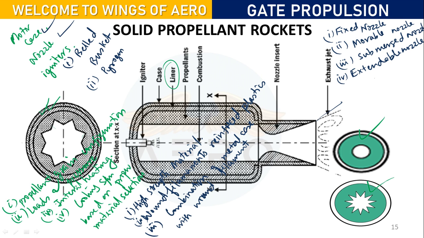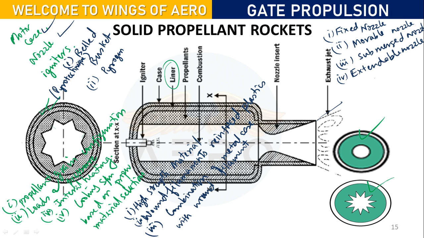Or this is also called a pyrotechnic. Okay, pyrotechnic and the pyrogen. So pyrotechnic or bailed basket igniters, and another one is a pyrogen. Okay, so these are the two types.